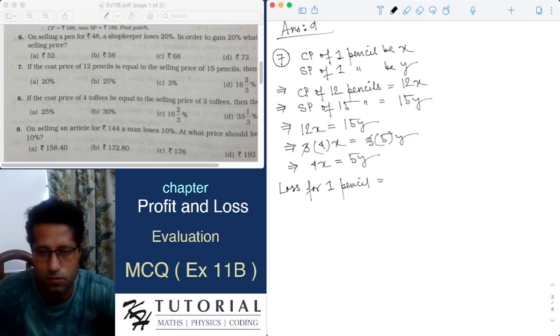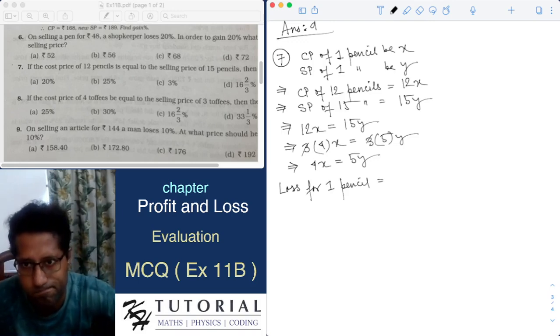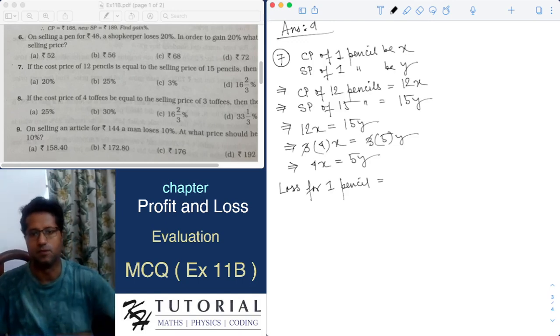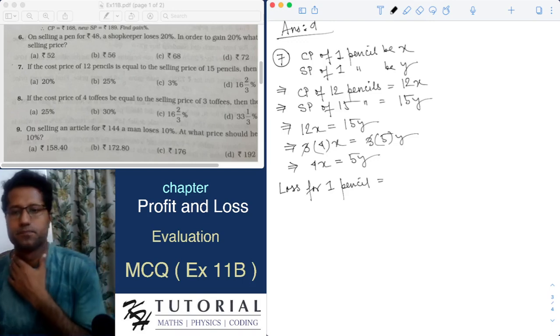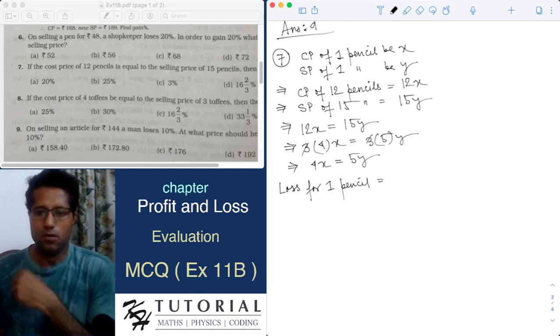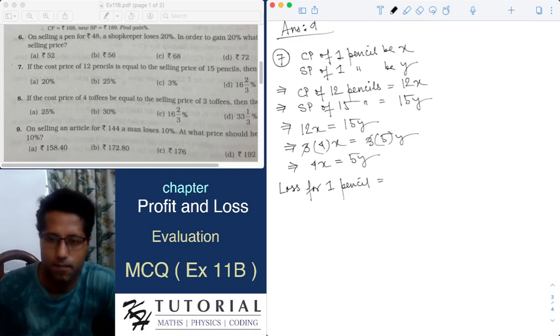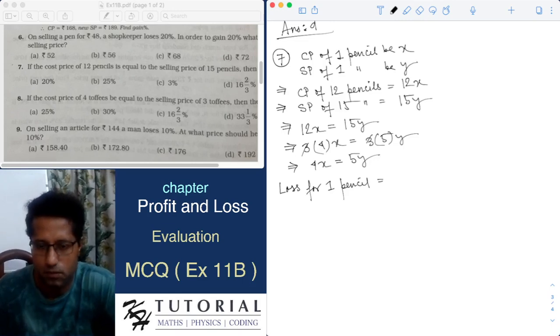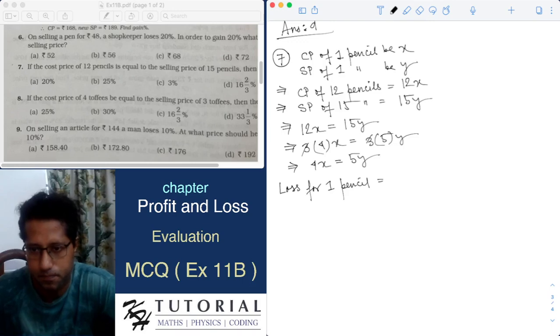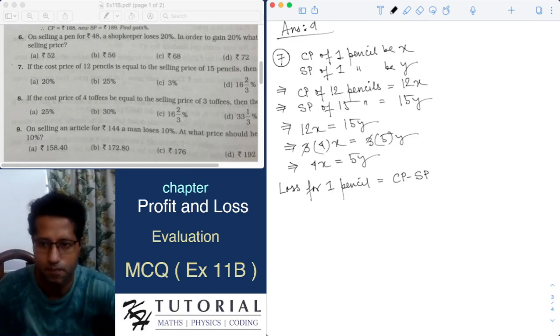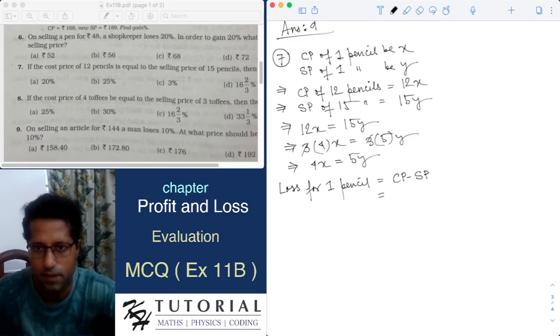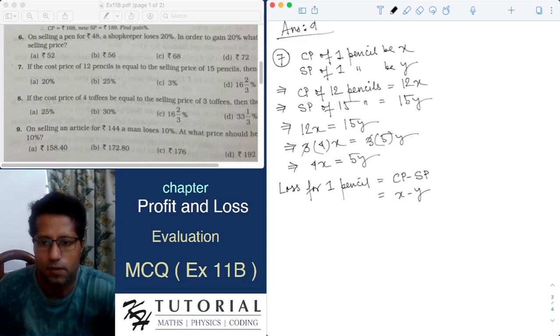So the loss for one pencil will be equal to, what will be the loss for one pencil? Loss means CP minus SP. SP must be less than CP. So the loss for one pencil is CP minus SP, that is X minus Y. Okay, so this is the loss.